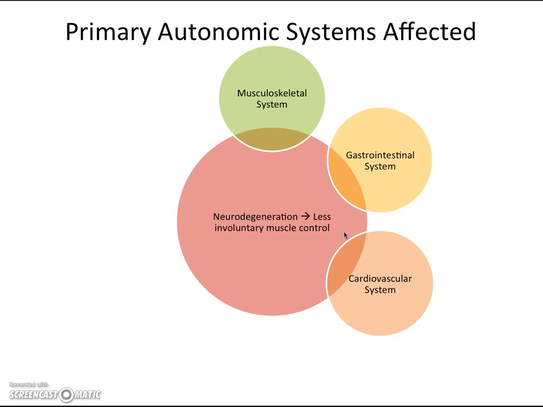The cardiovascular system is affected. Dizziness is the most reported symptom, and this is caused by orthostatic hypotension. There's a fairly high occurrence of this. And basically what happens here is a normal person, when they experience a really quick drop in blood pressure, the blood vessels around the heart and the rest of the body will reflexively constrict to try to maintain the blood pressure.